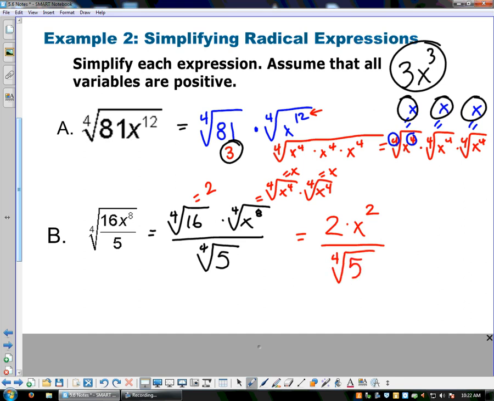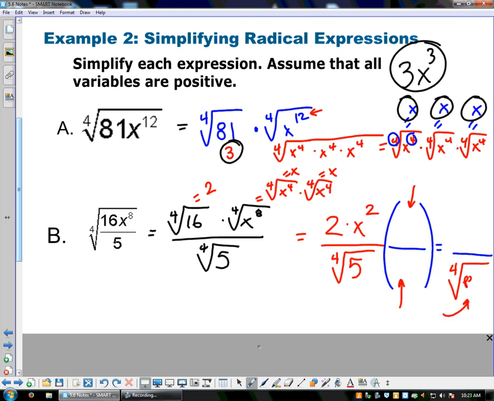Remember, we cannot leave a radical in the denominator, so we have to get rid of that. What I'm going to suggest to you is, before you decide what is going to go here and here, when you're going to multiply this radical fraction by something, keep in mind what you want to end up with. All right, what we want to end up with is a perfect what?